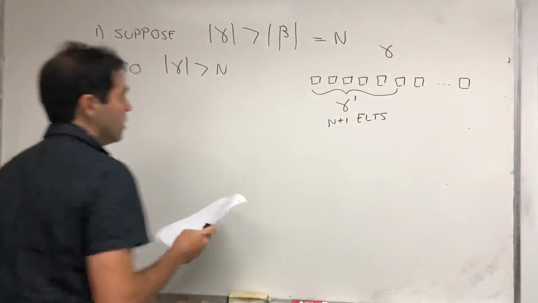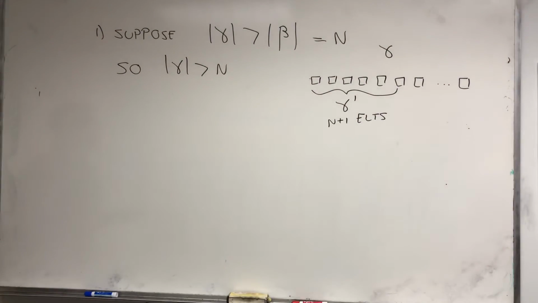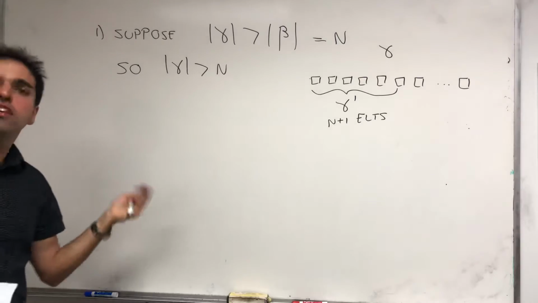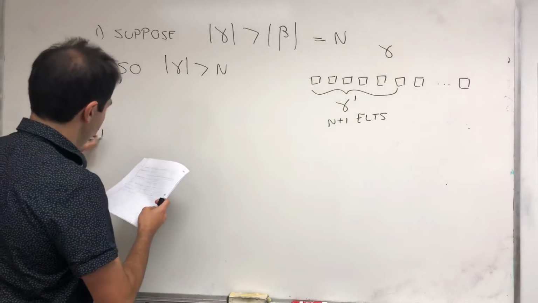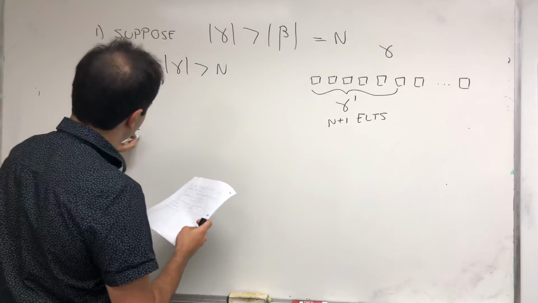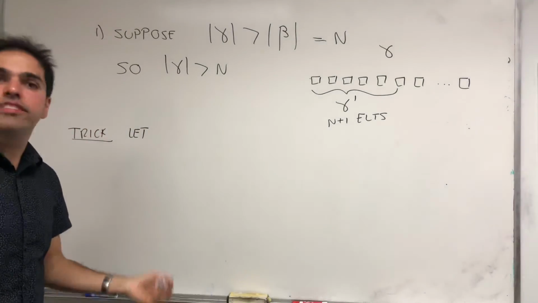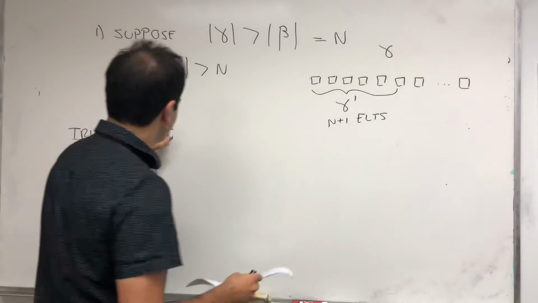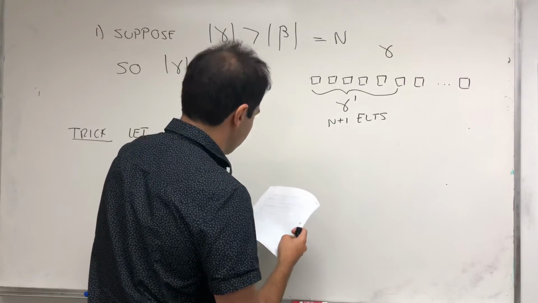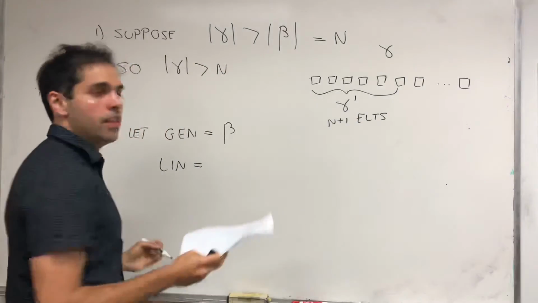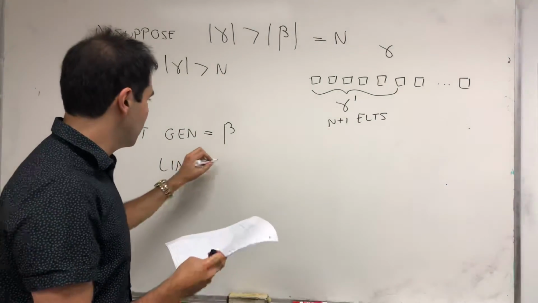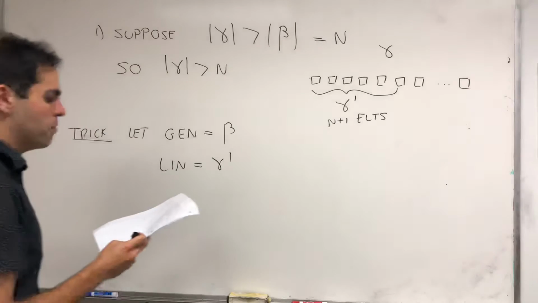Because now we have a finite set, we can actually apply the replacement theorem. So here's a trick now. Beta is a basis, so it spans. So let beta be the generating set, and let ln be that subset with n plus 1 elements, gamma prime.